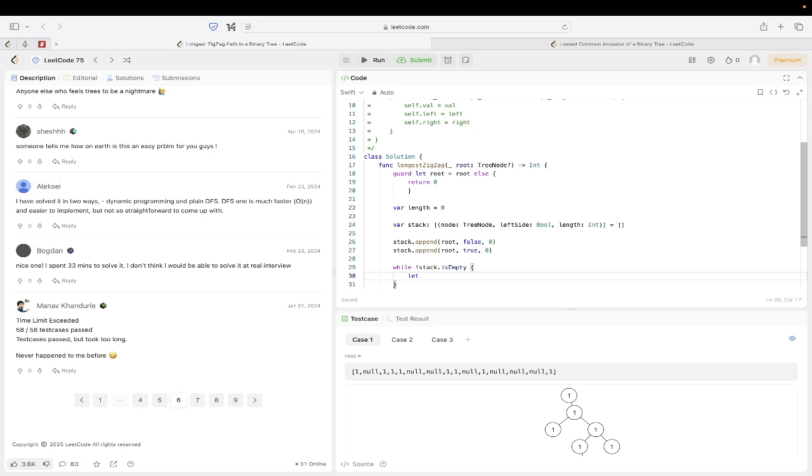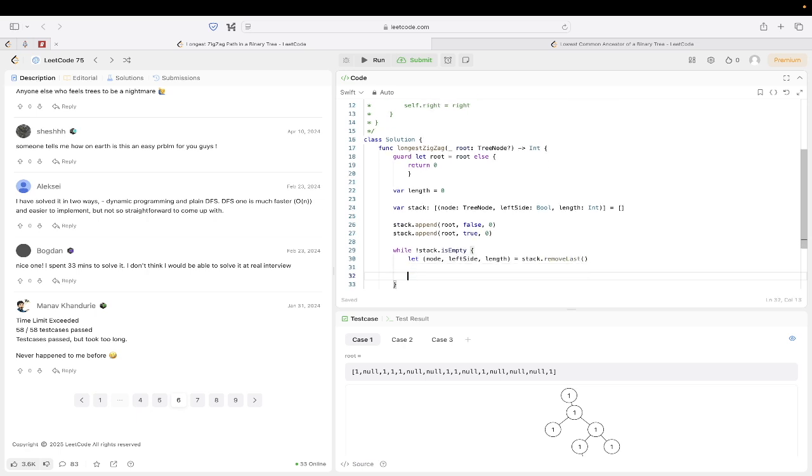No, it's this. That we remove. And then we can set our length.